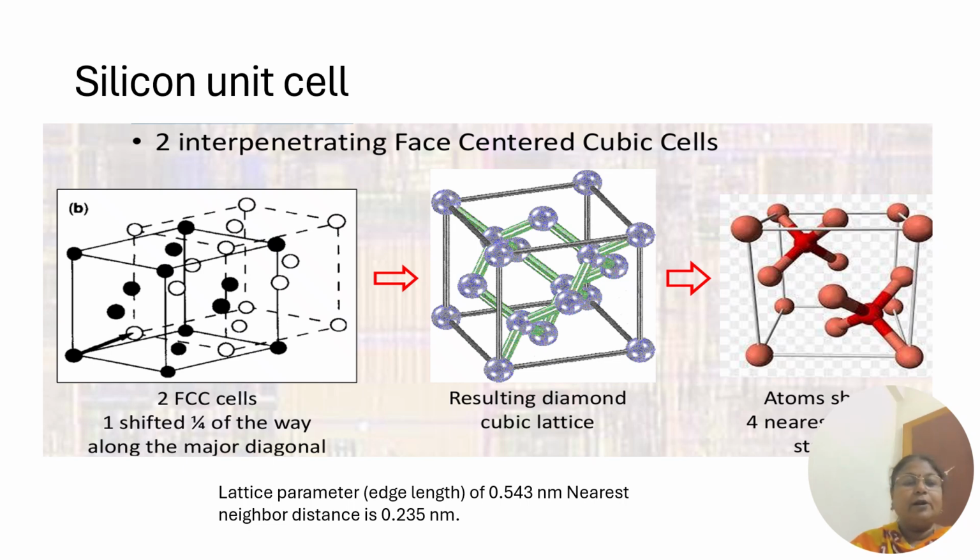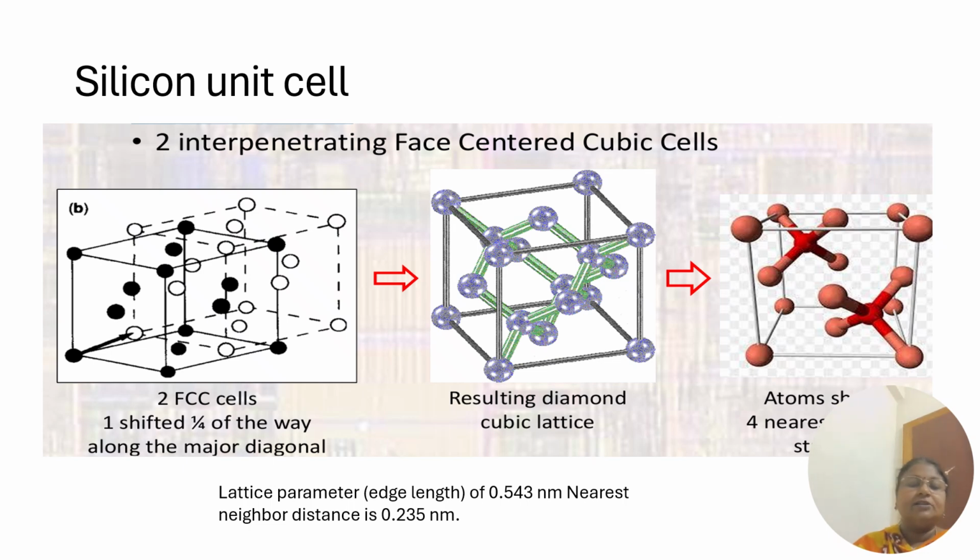So now if you are taking this face centered, and how the shift is going to be along the diagonal. So if you take a diamond crystal structure, diamond is also a cubic lattice, where silicon is also a cubic lattice. So you can see this diamond cubic, and where the atoms are going to have sharing.